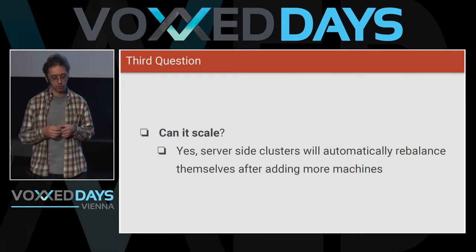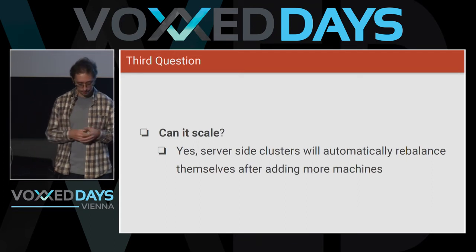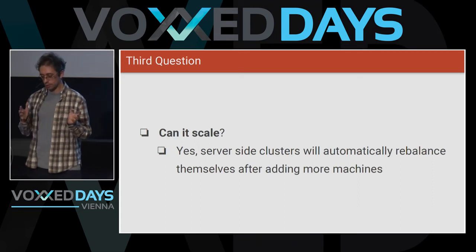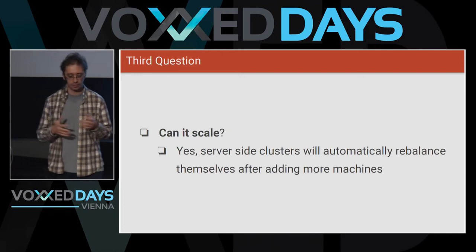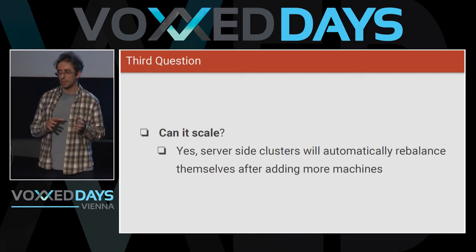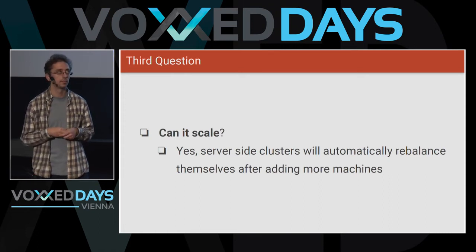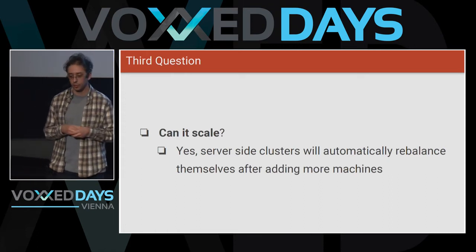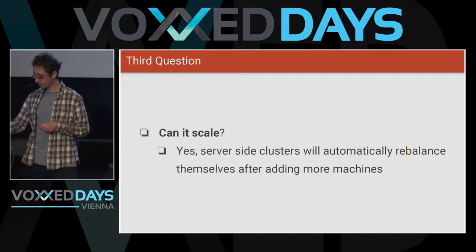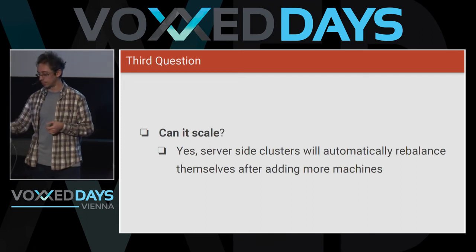It will do all the migrations automatically behind the scenes, and you will not have to take care of anything. Besides Memcache, which has more of a client-side cluster, and that will mean some data loss. But it can still scale with some data loss.